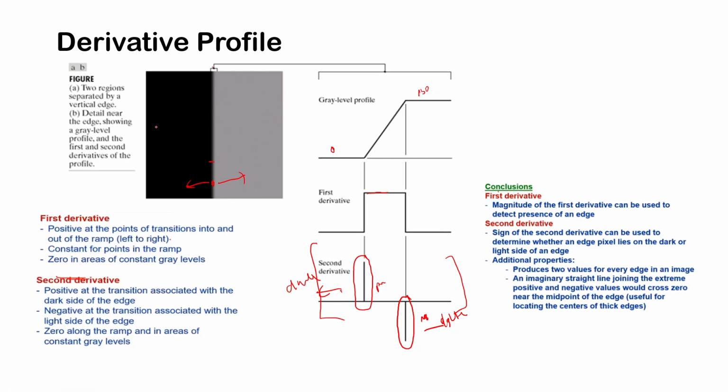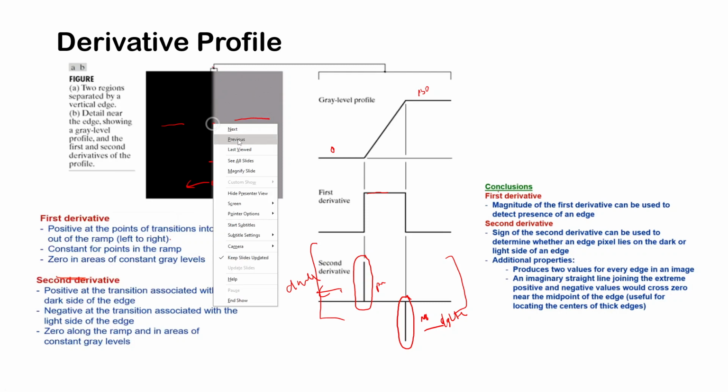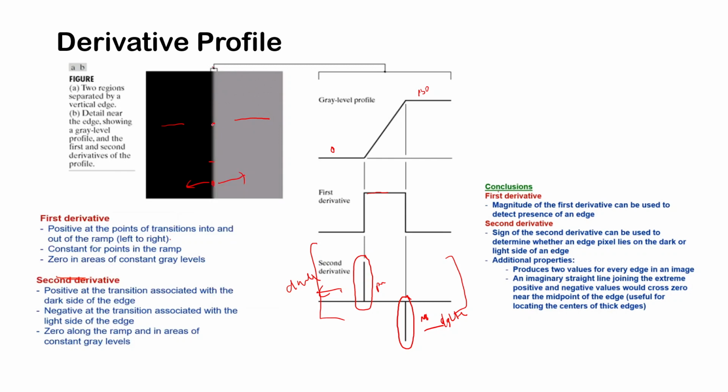The ramp is at the center here. So going down here is the ramping from black down to white, and then you have this particular profile.